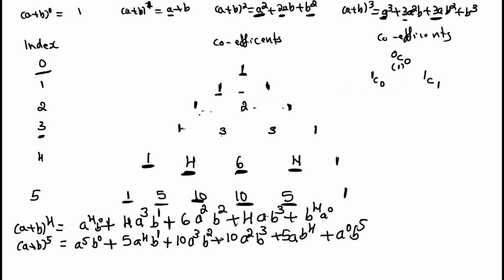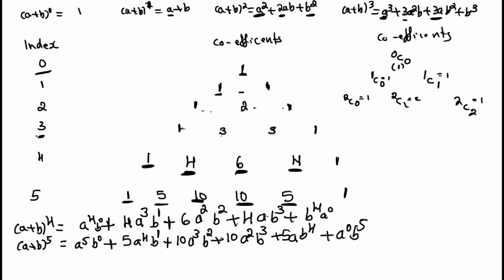Now here see 1 2 1 is there, right? Index 2, you can take it as 2C0, 2C1 and 2C2. Okay, what's the value of 2C0? 2C0 value is 1, 2C1 value is 2, 2C2, nCn value, again is equal to 1. Okay, 1C0 is 1, 1C1 is also 1, 2C0 is 1, 2C1 is 2, 2C2 is 1.